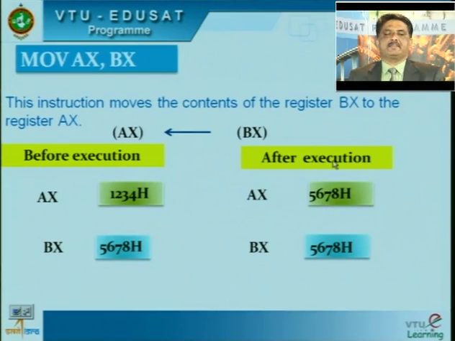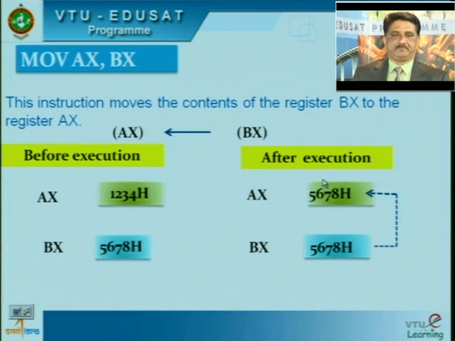So the content of AX, after execution of the MOV AX comma BX instruction, is 5678H. You should never forget that move, in our normal grammatical meaning, is transferring, but here we transfer in terms of copy.